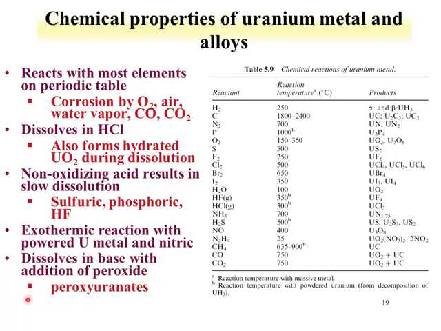It forms these peroxyuranates, which are unique compounds amongst the actinides where peroxide species can be formed, and we've already talked about that in separations, where peroxides of uranium is one of the routes of doing a selective precipitation of the material.